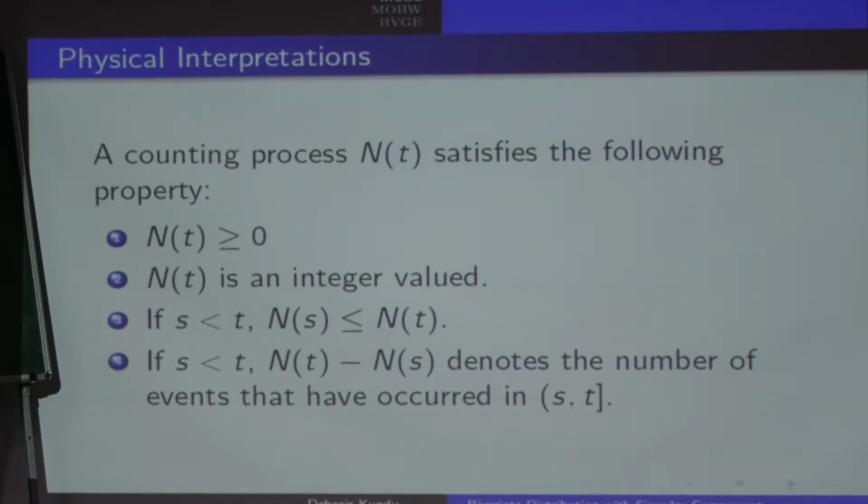And since it is gradually increasing, I know that if s is less than t, clearly N_s has to be less than or equal to N_t. So it's an increasing, or rather non-decreasing, process. And this is one of the important things I need, that s less than t means N_t minus N_s denotes the number of events that have occurred in this interval. Okay? So that's the way I denote this.